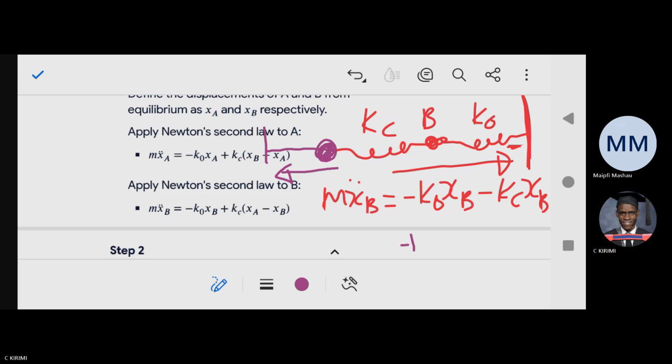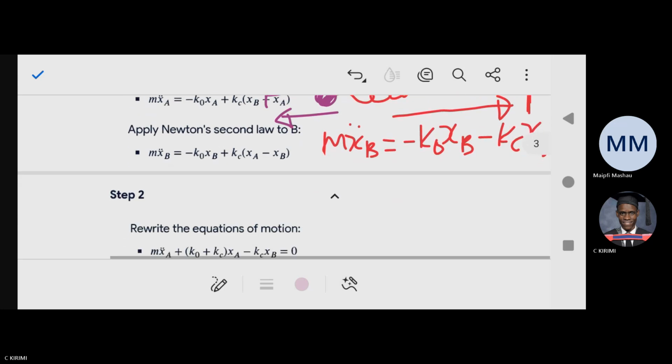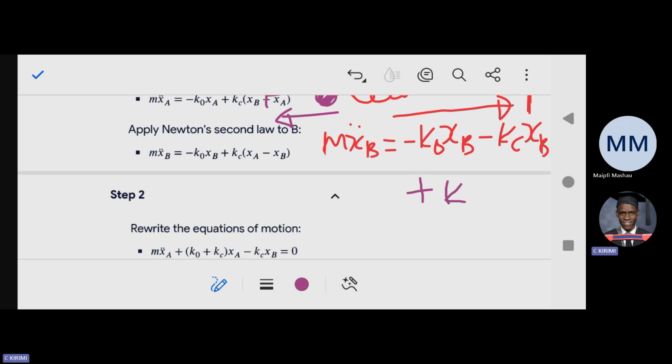Positive. Positive K what? Which is K naught. It's right here. It will be positive, the spring constant Kc multiplied by X1, A. Can you see the difference?